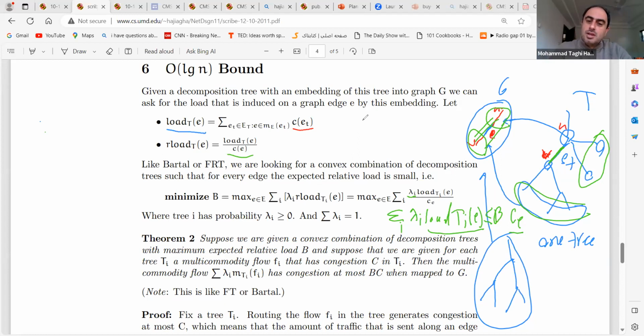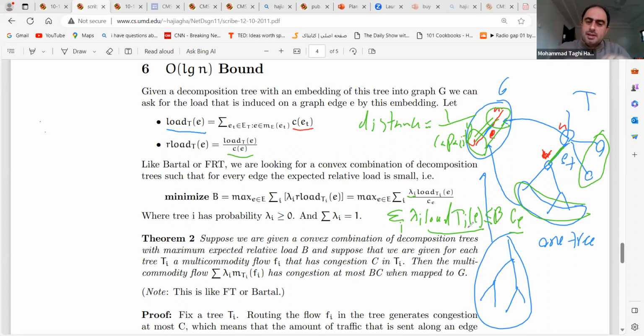And we discussed that distance is equal to 1 over capacity. So here, this C is the capacity. We had the distance in Bartal or FRT, and here we have the load of this edge essentially.